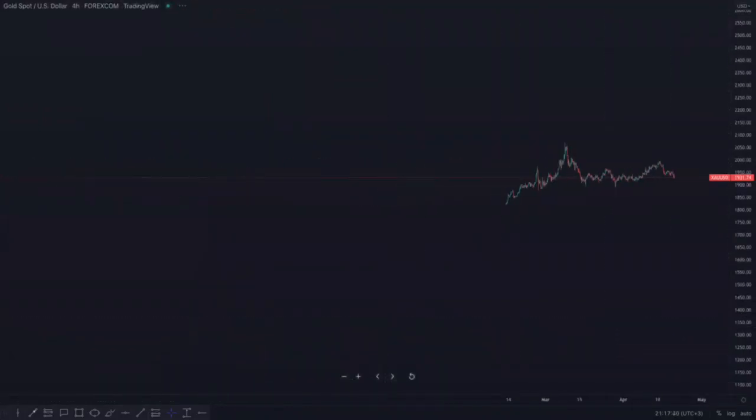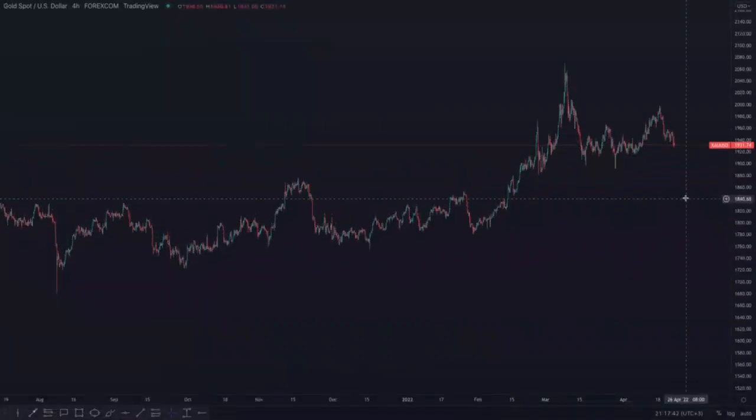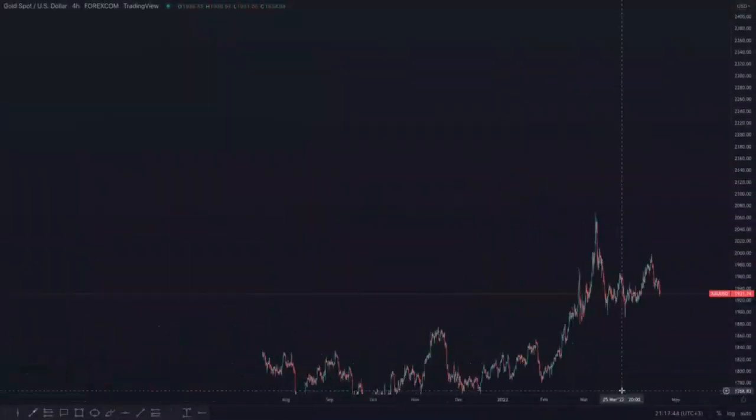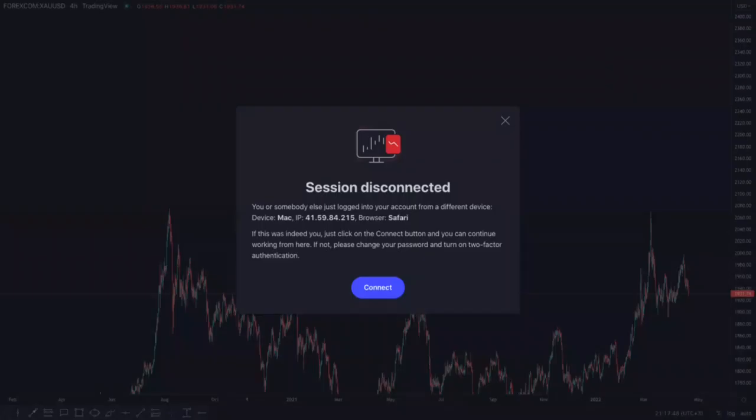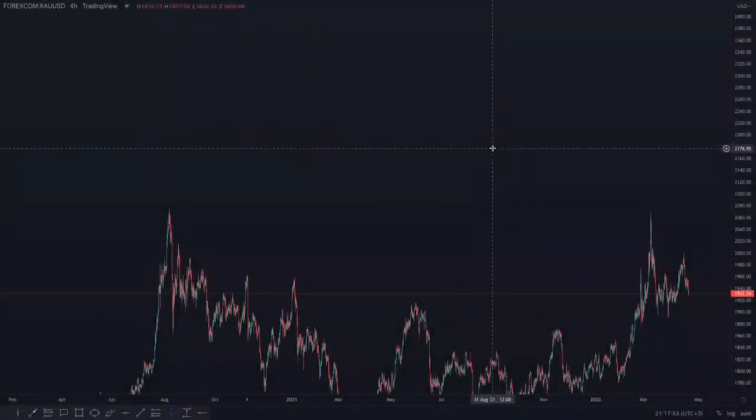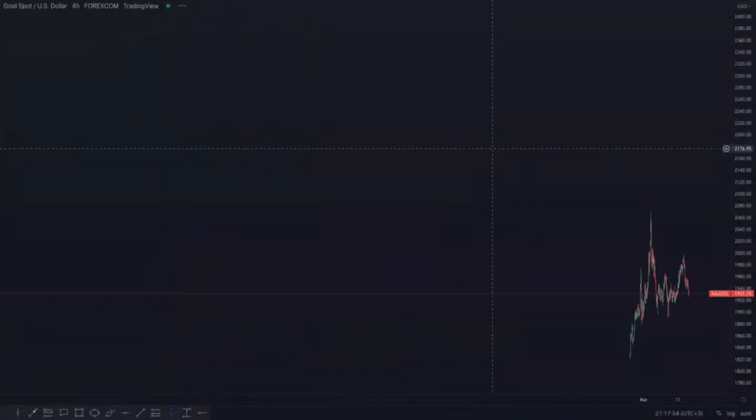From the monthly, you have to drop to the weekly.